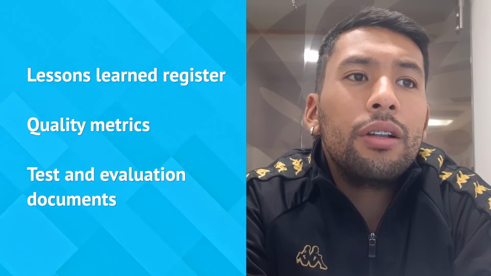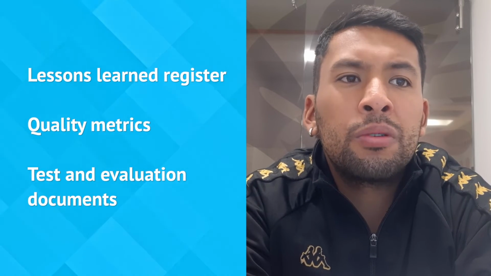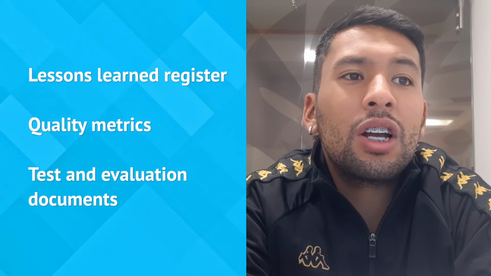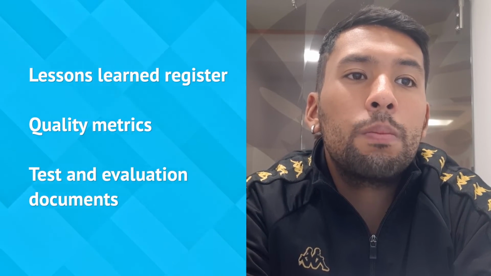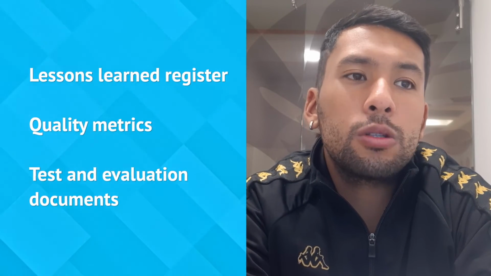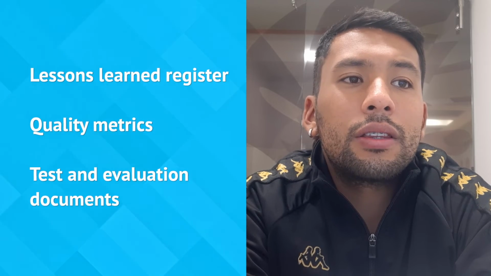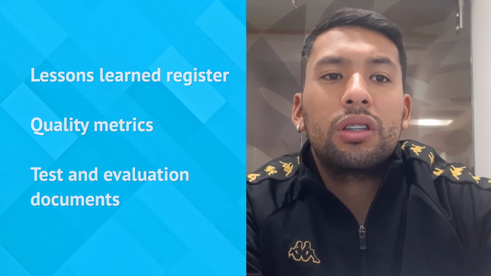Lessons learned early in the project can be applied to later phases in the project to improve quality control. Quality metrics. A quality metric specifically describes a project or product attribute and how the control quality process will verify compliance to it. Test and evaluation documents are used to evaluate achievement of the quality objectives.